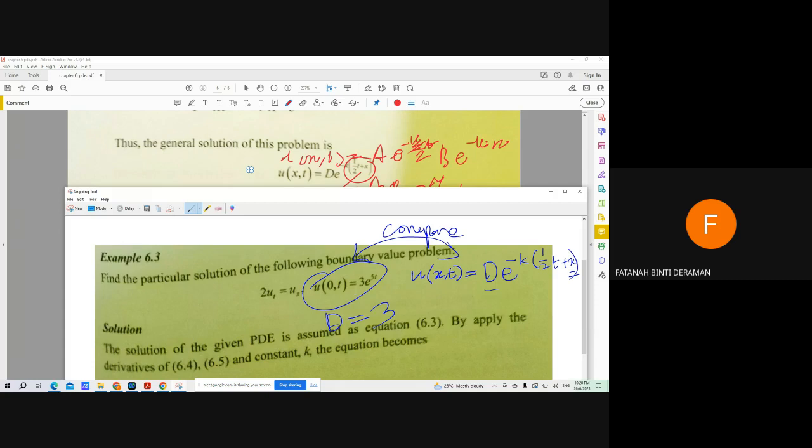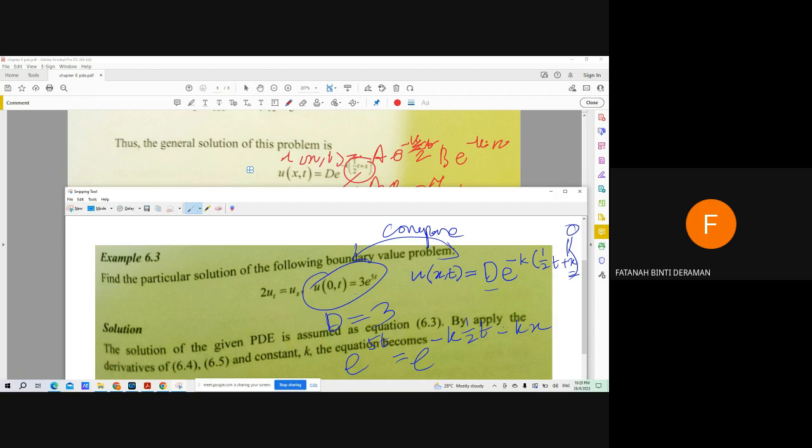We just compare the exponentials. We have e^(5t) equals e^(-k(1/2)t minus kx). So why do we just ignore the X? Because x equals 0.